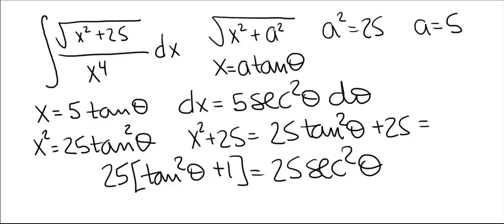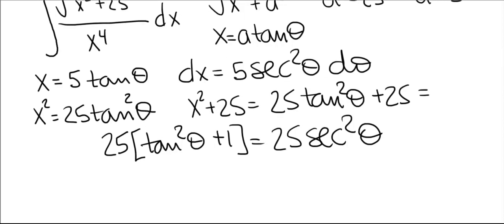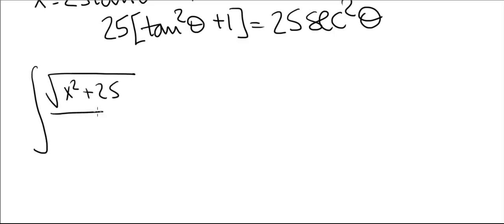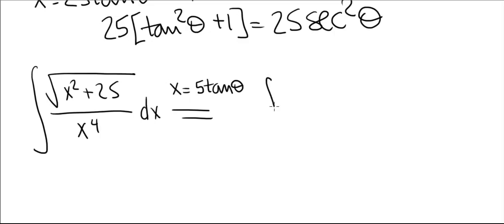And so let's go ahead and return to the integral that we had. The integral was the square root of x squared plus 25 over x to the fourth. We made the substitution x equal to 5 tangent theta, and the resulting integral now in variable theta looks like this.